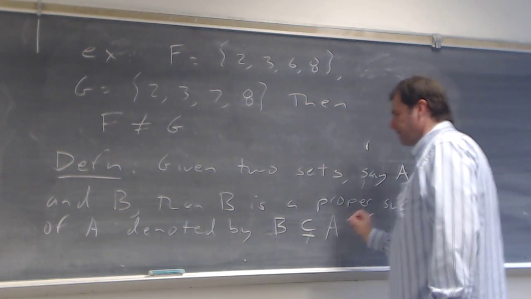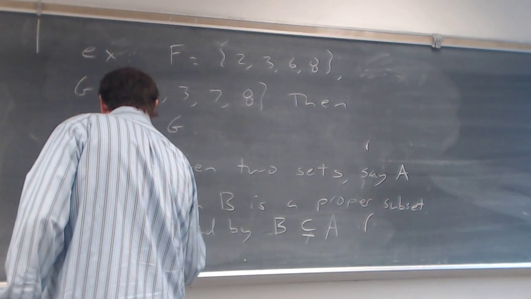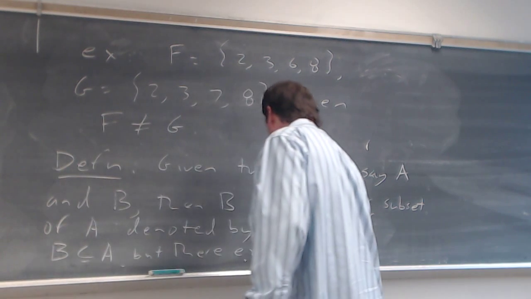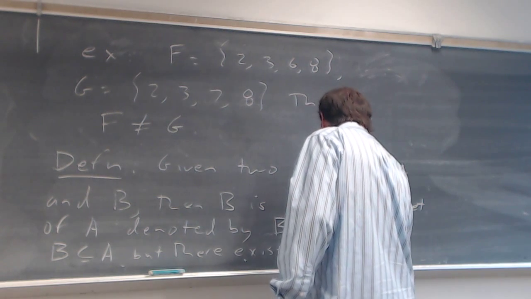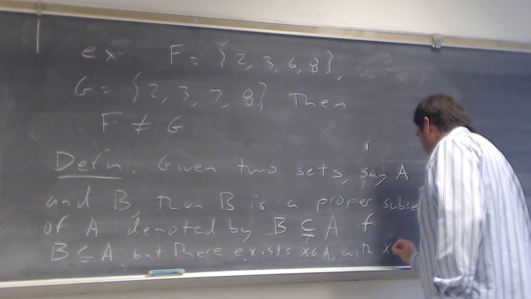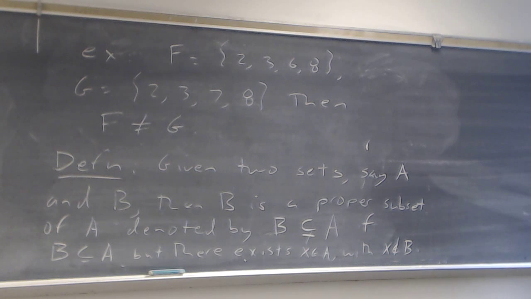And so if B is a subset of A, but there exists an x in A with x not being in B. So to be a proper subset, everything in B is in A. So B is a proper subset of A if everything in B is in A, but A's got something that B doesn't have. Okay?